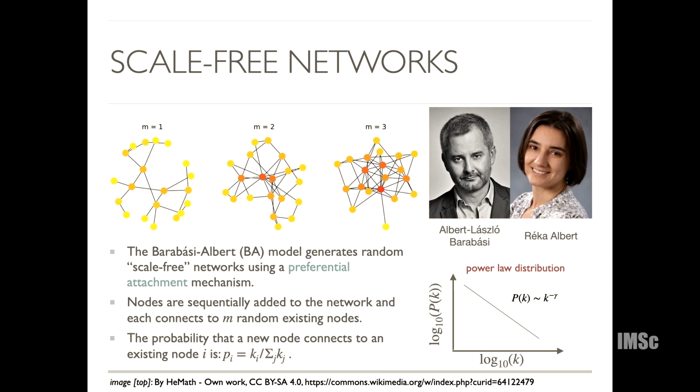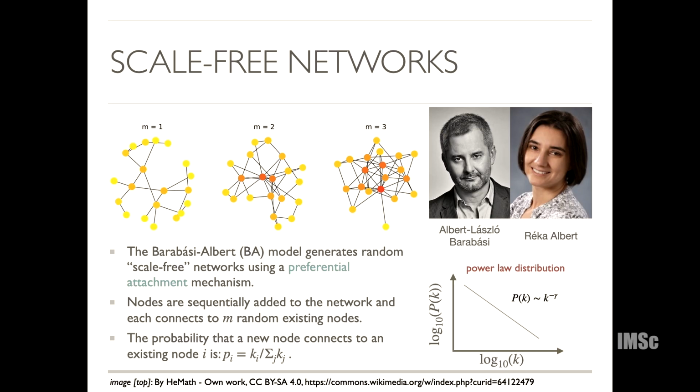That means that if you already have a high degree, the probability that a new node is going to connect to you is high, whereas if you have a low degree, the probability that a new node connects to you is lower. So if you keep adding nodes to this network sequentially, you'll find that nodes with high degree tend to get an even higher degree, and this kind of cascading effect is what leads to a power law distribution.